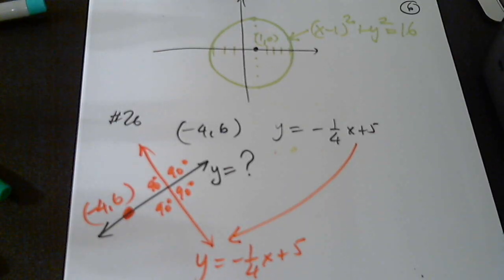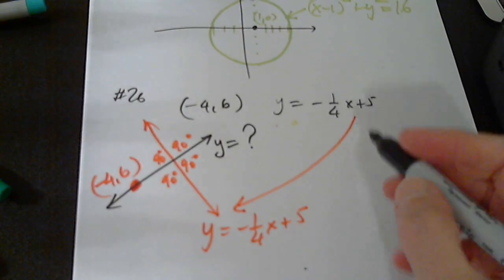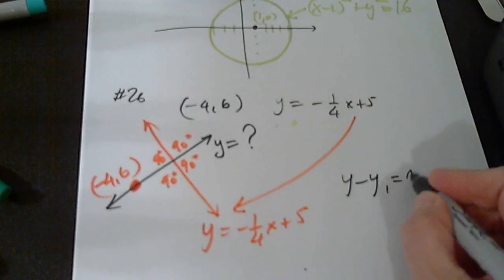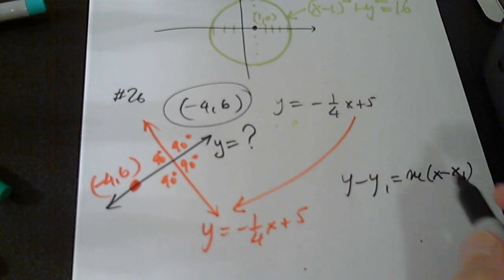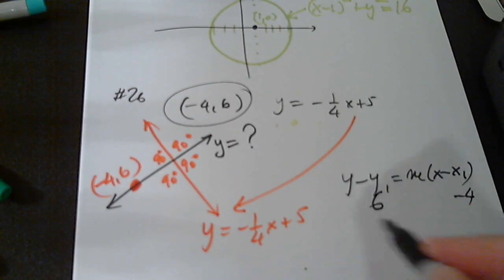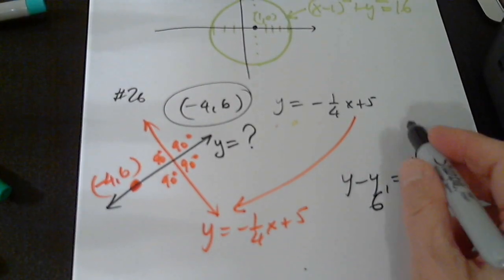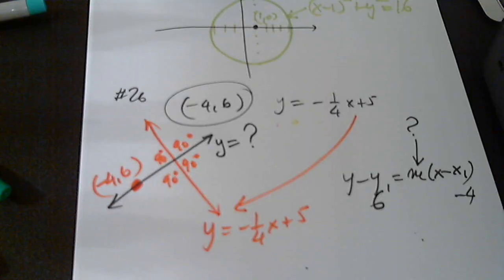So the next step that you have to do immediately is write y minus y1 equals the slope times x minus x1. Put the point as negative 4 comma 6 and just work on the slope right now. And you'll be completing the problem in no time.